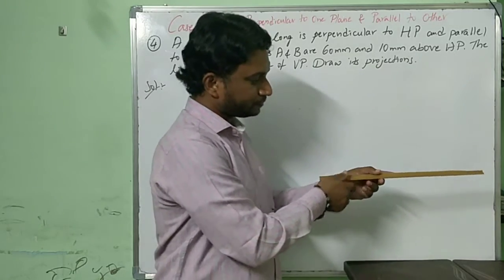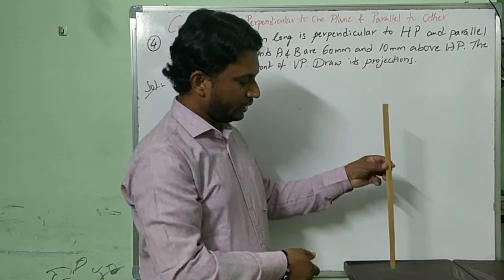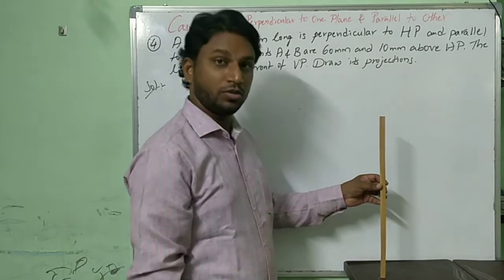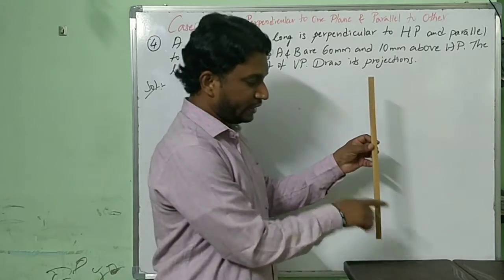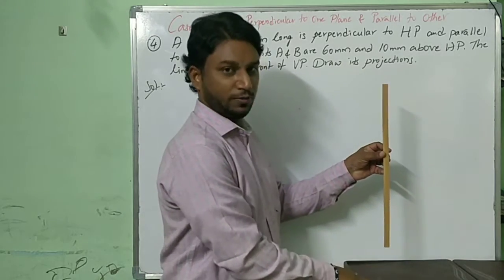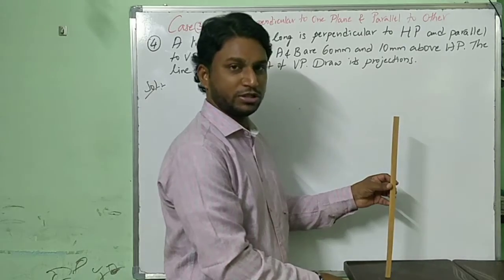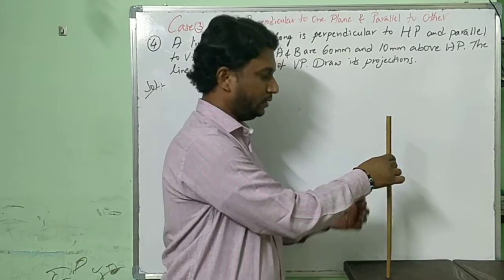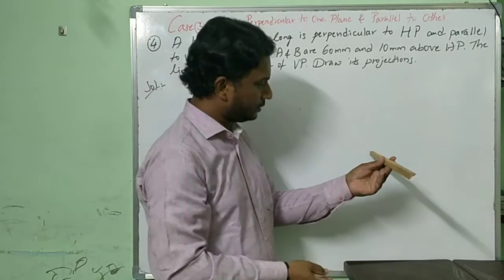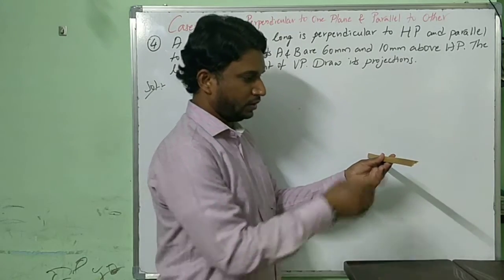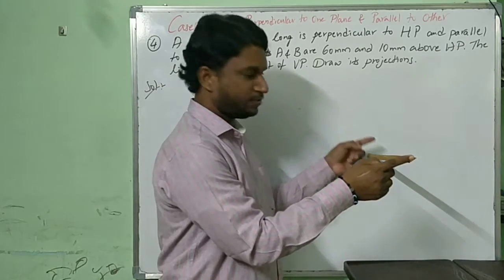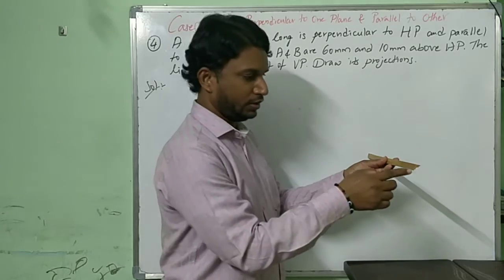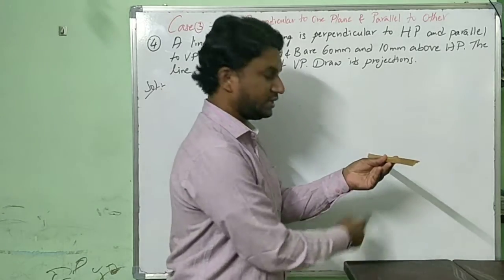Now here I am making this line like this. You can see now the line is perpendicular. Perpendicular is 90 degrees. 90 degrees to which plane here? Horizontal plane. Perpendicular to HP and parallel to VP. Now if I keep the line position like this, line at 90 degrees, perpendicular to VP, parallel to HP, same height.